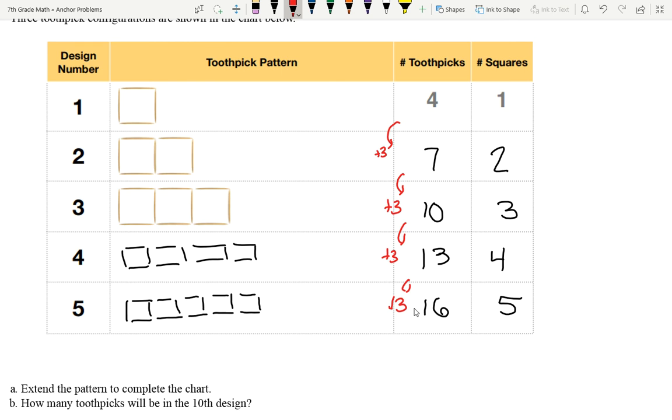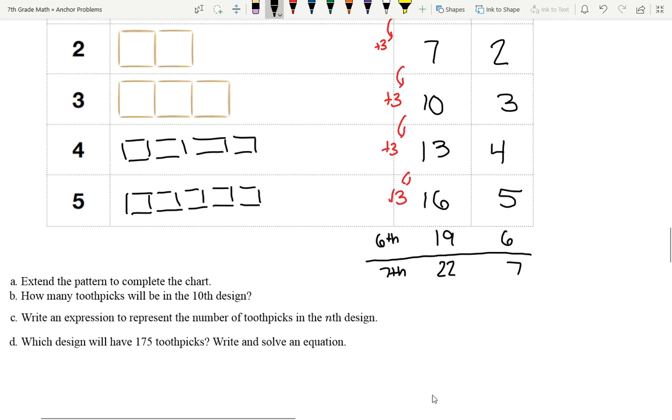Now, how many toothpicks will be in the 10th design? Let's follow that logic. We don't have to draw them all, right? We're just adding 3 each time. So the 6th design, which is 6 squares, if I add 3, I get 19. The 7th, square 7, add 3, you get 22. What about the 8th?